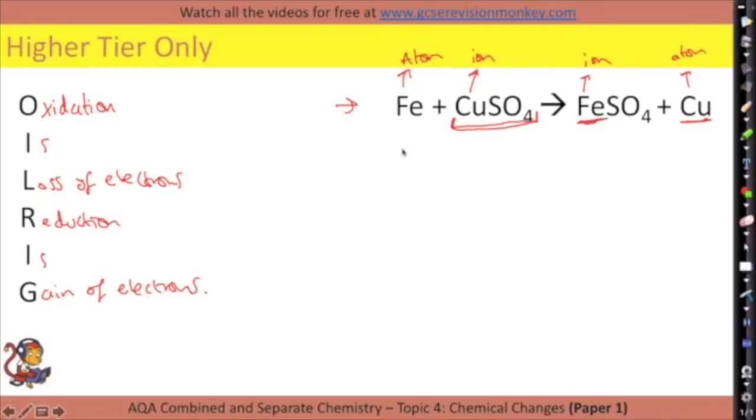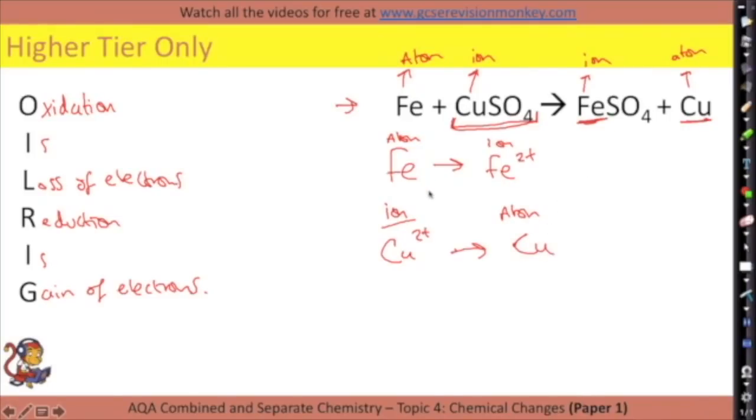So in this case we've got iron that is turned from an atom to an ion, where it would go into Fe2+, and we've got copper which is turned from an ion, Cu2+, to an atom, which is just Cu.